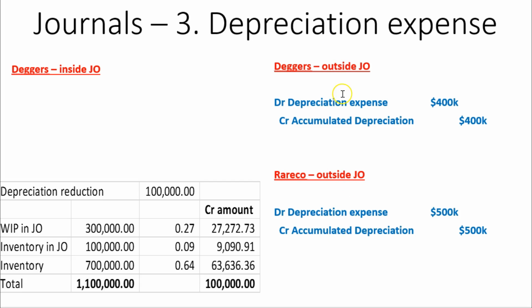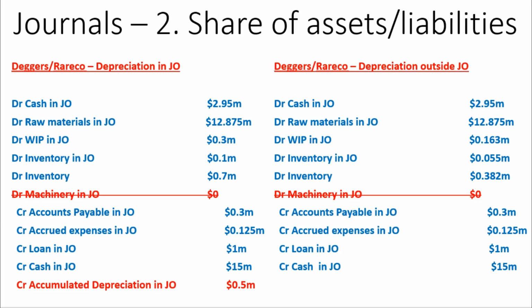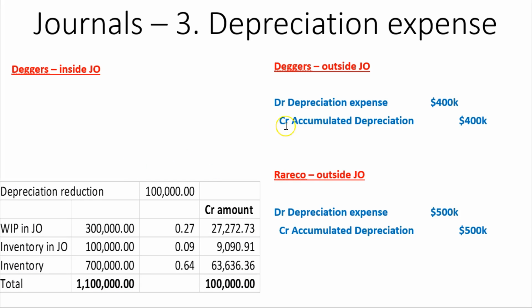So in this case, we're doing these entries here. Well, we're not doing those entries, but we're doing it for this same situation. And so this would mean that there'll be no accumulated depreciation on the balance sheet. So we're doing it in the situation where the individual entities record depreciation expense in their own accounting records. So we'll start with Deggers.